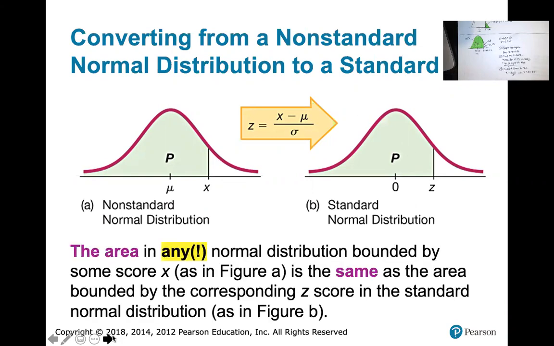The key concept here is that area in any normal distribution bounded by some score x is the same as the area bounded by the corresponding z-score in the standard normal distribution. So this corresponds to this, and this corresponds to this. We just have to use the appropriate formulas to get from the graph on the left to the graph on the right, or the graph on the right to the graph on the left.